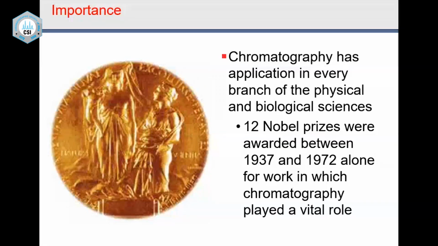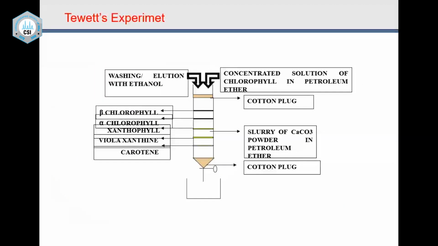Well, this is the experiment which Mikhail Sweat did, and you know already that he separated plant pigments, and those were beta chlorophyll, alpha chlorophyll, xanthophyll, violaxanthin, and carotene. Now these compounds were separated in this order. Carotene came first, beta chlorophyll was the last to come out, and this is how the separation happened.